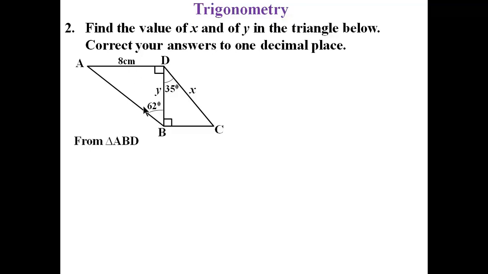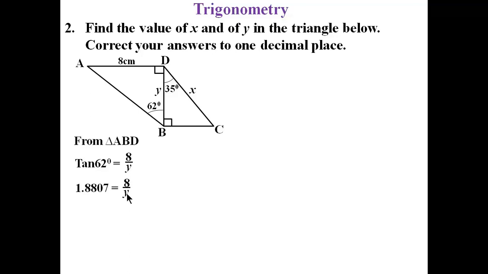Combining opposite and adjacent, we have tan. So tan 62 degrees is equal to opposite over adjacent, and our adjacent is y. Finding the value of tan 62 degrees, we have 1.8807 is equal to 8 over y.